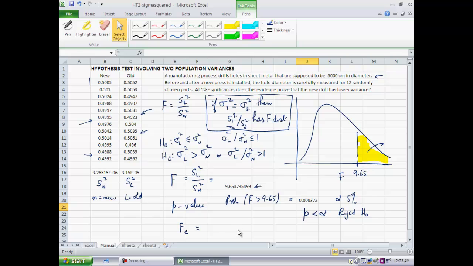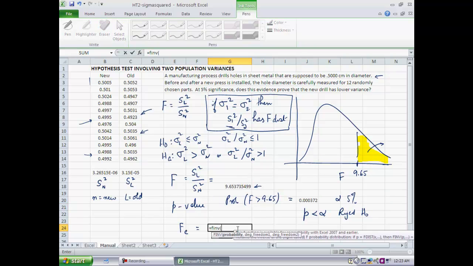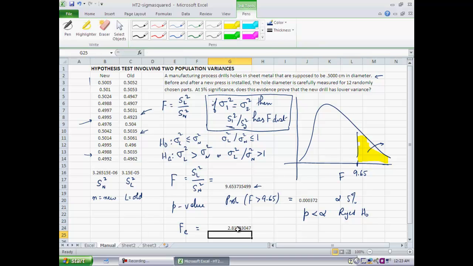I would use equal to F.INV, and it says what probability do you want? Like the chi-squared, the F inverse needs the area to the right. So I'm willing to accept a 5% chance of making a type 1 error, so the area to the right would be 5%. The degrees of freedom would be 11 for the numerator and 11 for the denominator, in both cases sample size minus 1. So I end up with 2.81.